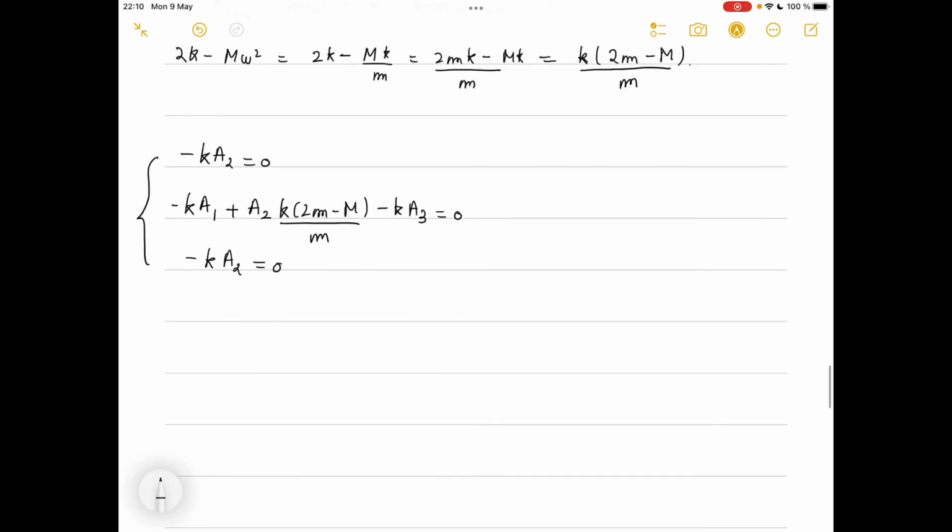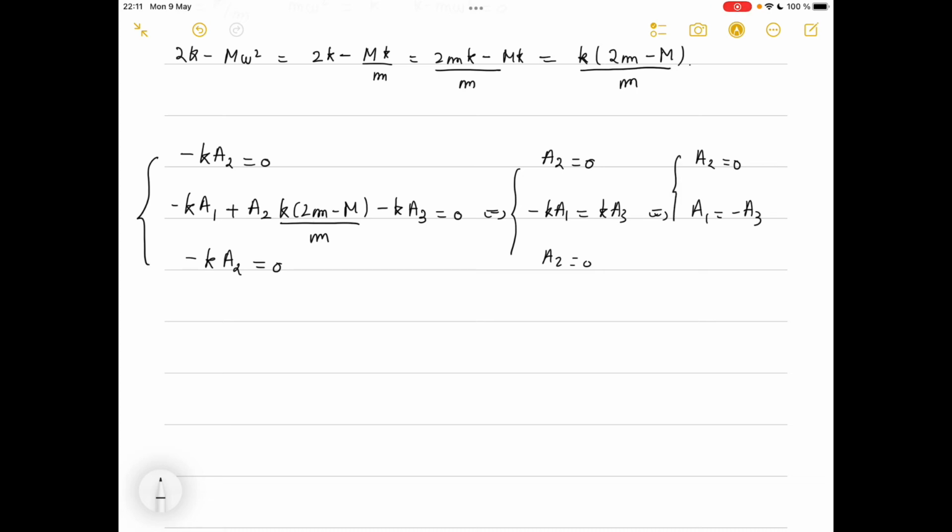That just means that A2 is 0, so minus Ka1 equals Ka3, and therefore A2 is 0 and A1 is minus A3.